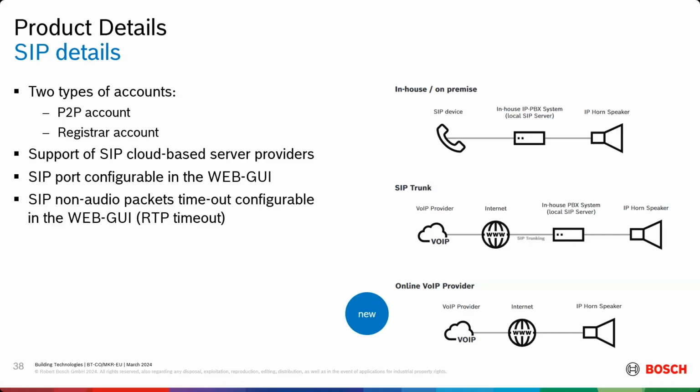And new in the release 2 is that the IP horn can communicate directly with the voice over IP provider without a local SIP server. That is possible now because the SIP port can be configured.